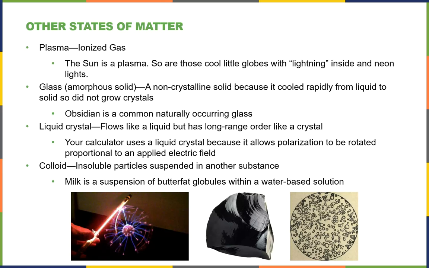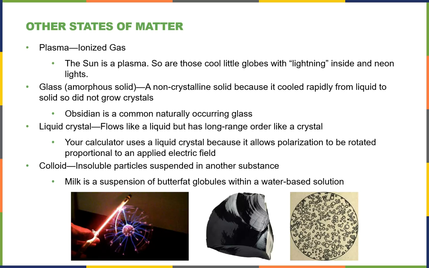Okay, then we have glass. A glass is an amorphous solid. Did you guys know that glass is not a normal solid? A normal solid is a crystalline solid, where each atom has a fixed location and it's repeatable. But glass is an amorphous solid, which means the positions are not repeatable. It's kind of random.